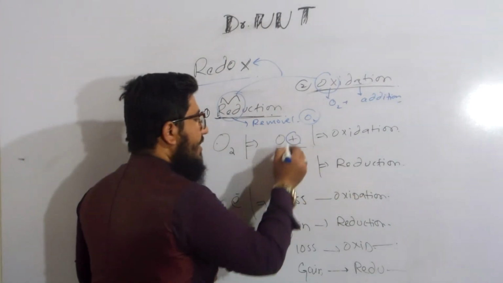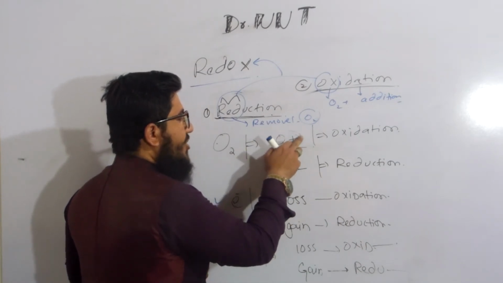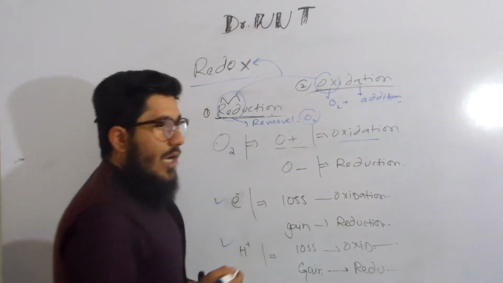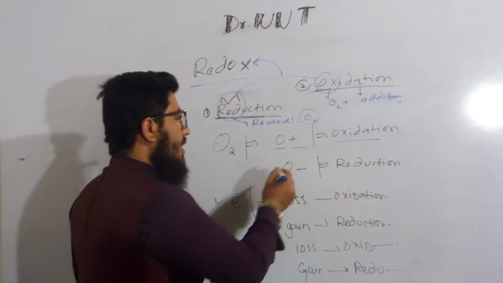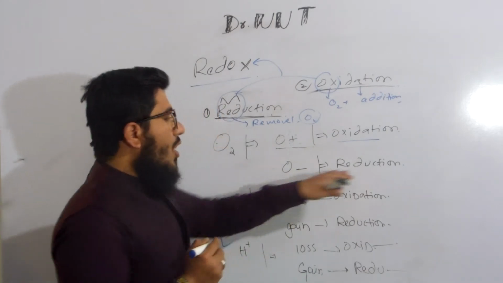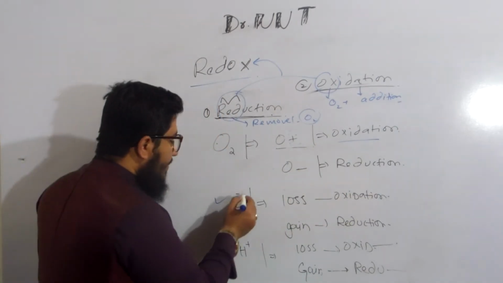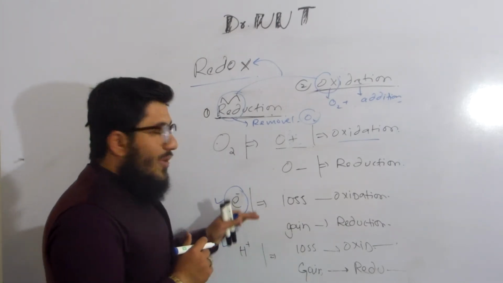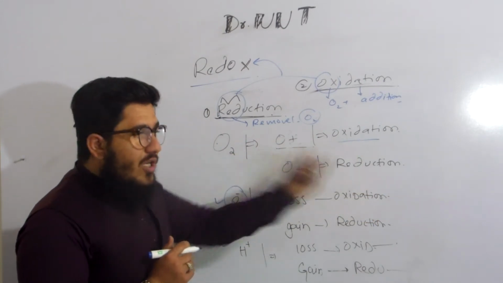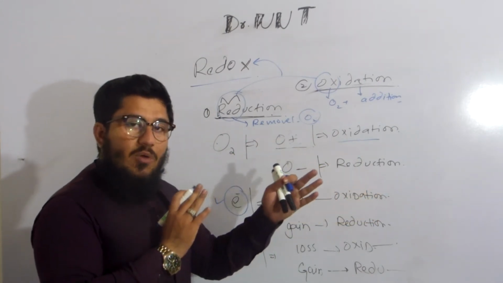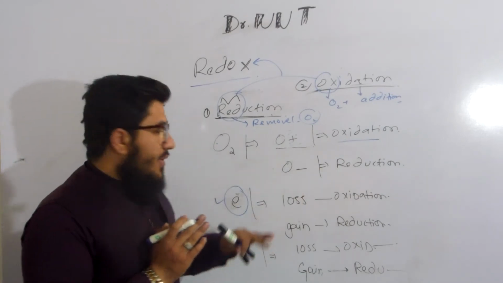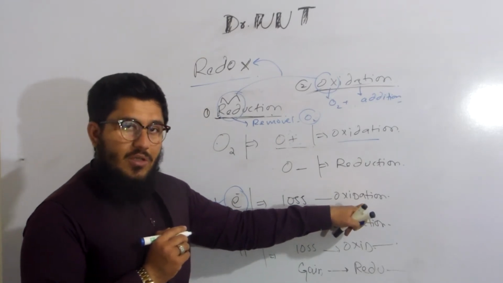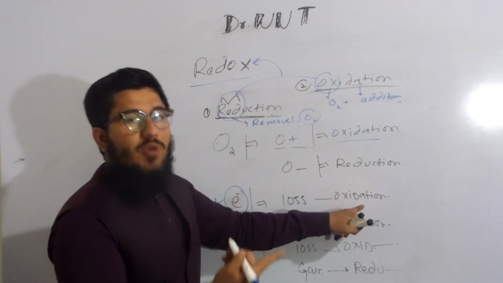Here I have the positive sign, which stands for oxidation, for addition. When you add oxygen to any other thing, that reaction is given the name oxidation reaction. When you remove oxygen, here is a sign minus, that is called reduction. Now the definition for electron: if electron is lost from any compound, atom or reaction, then that reaction is called an oxidation reaction, or an oxidation process.